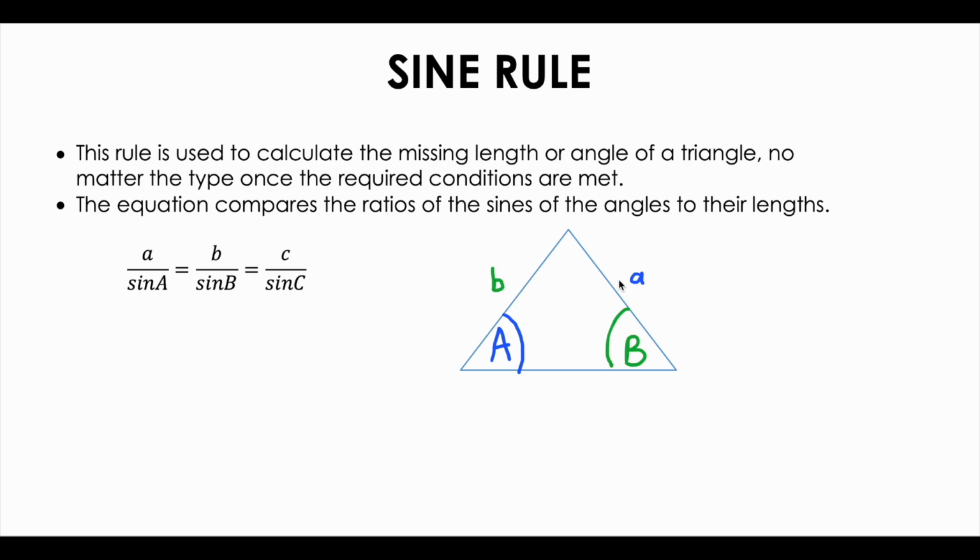So a over sine A is equal to b over sine B, which is also equal to c over sine C. All right, so what we are saying is based on sine rule, these ratios, once we divide them, would equal the same. So when we're actually using the formula, we can use this to answer the question.